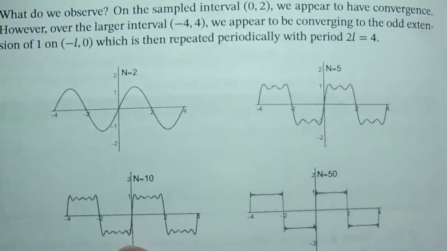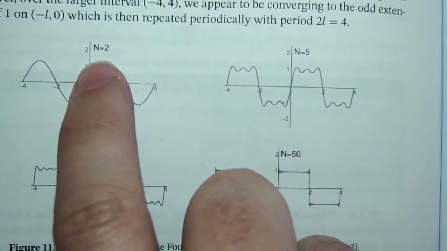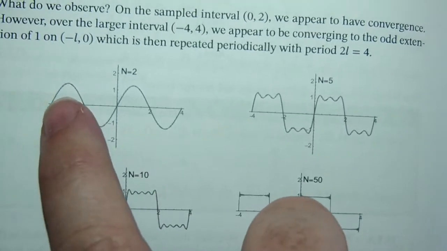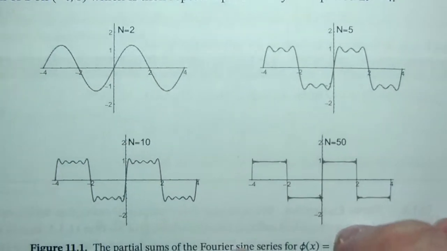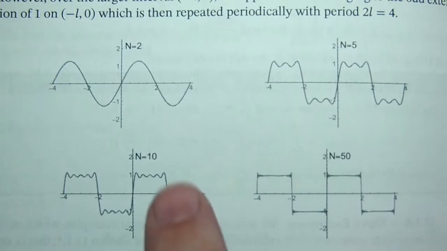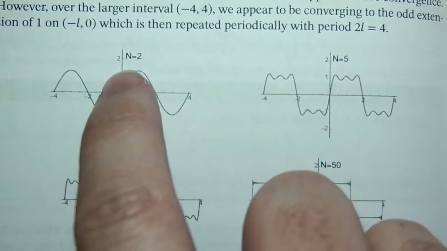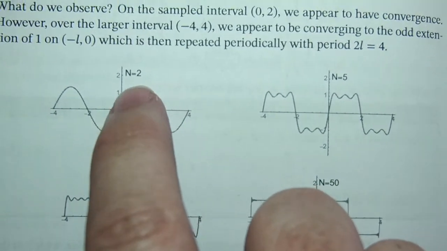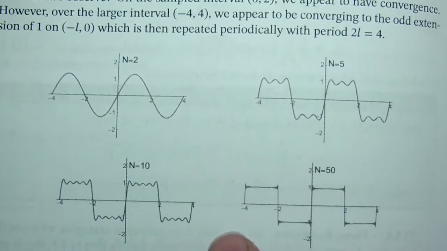Plotting these partial sums, for the n equals 2 case, it looks like this. You see this is not that close to our constant function 1 on this interval, 0 to 2.